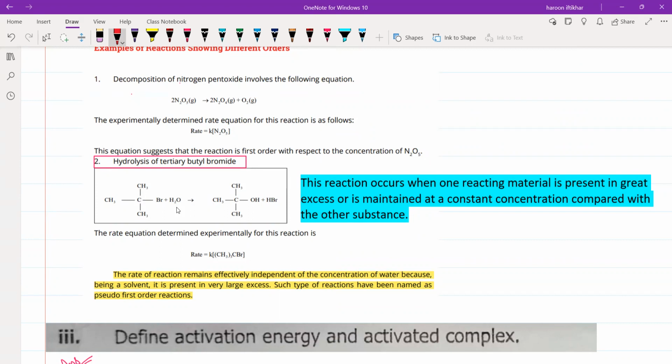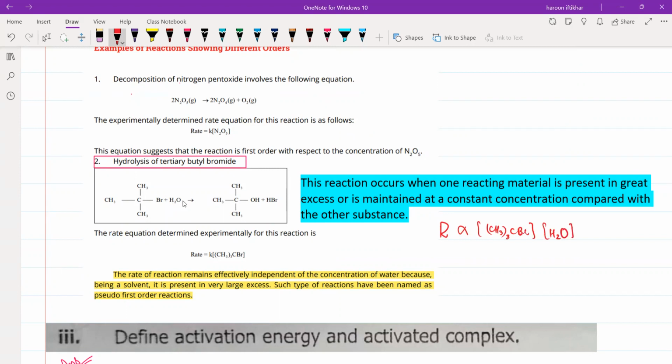So when water is in excess, then we will not consider water. If the water is limited, then it must be considered, and we'll write this reaction as a second order reaction. How can we write it as a second order reaction? Rate is directly proportional to the tertiary bromide (CH3)3CBr along with H2O, but H2O is in excess.